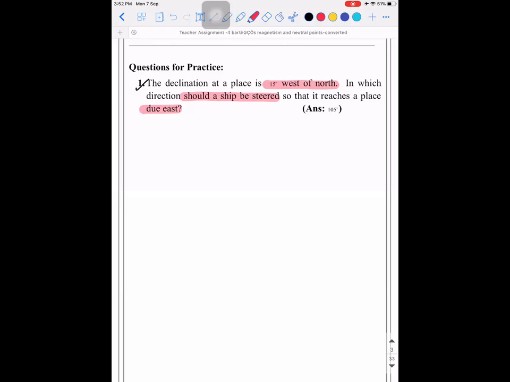So what is the expected location? It should reach the east, right? So east, west, north, south. In physics, there are two terms used.